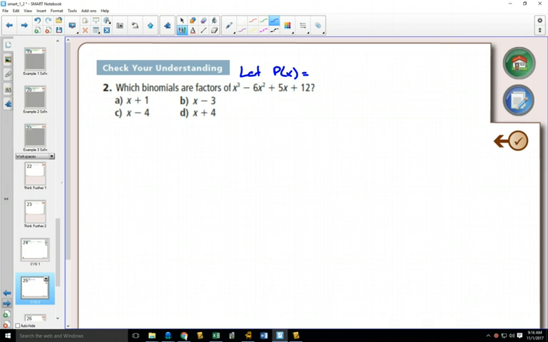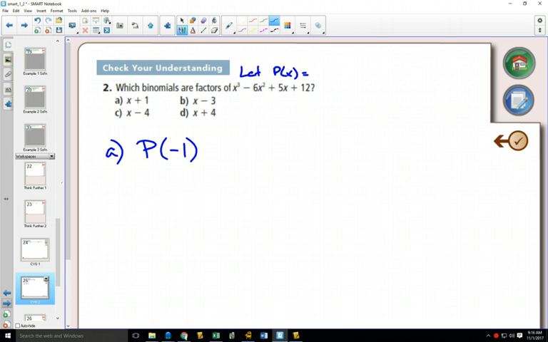So in A, if I'm dividing by x plus 1, I'm going to use the remainder theorem. That means I'll plug in the opposite sign, negative 1. I like using the remainder theorem when the number is 1, because the mental math is really easy.